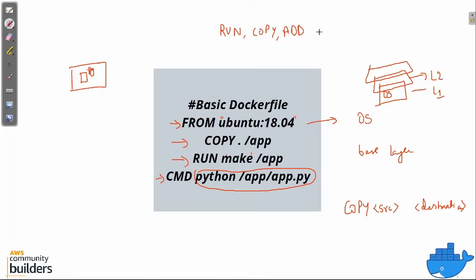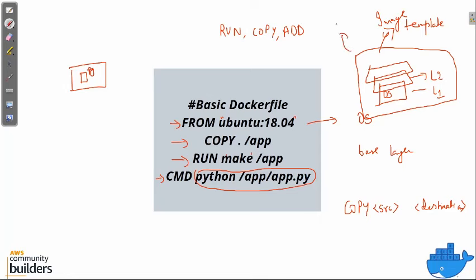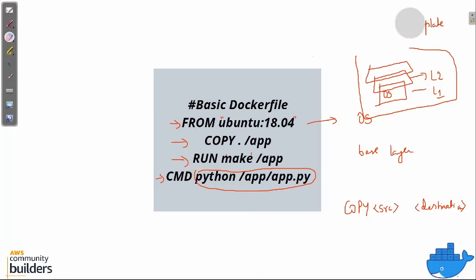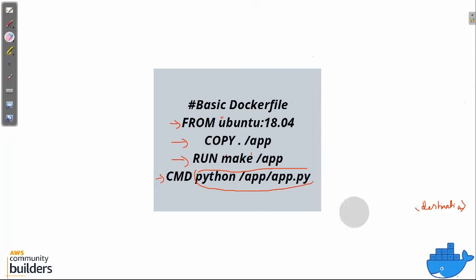Only run, copy and add will create layers. So basically we are having 3 layers, and collectively it is making a template, which is the final image. And when we build this image, it will create a container, right? This is the basic architecture that is getting followed, the basic way how it works.